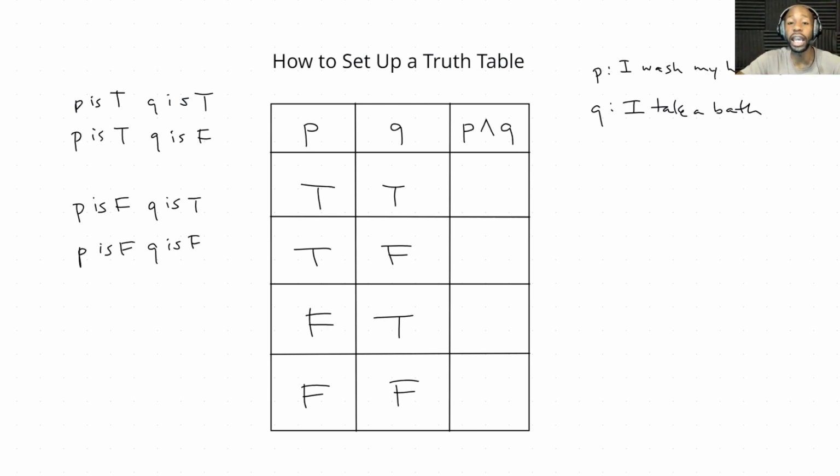So again, with and, both of these have to be true for the statement to be true. Okay. So true, true, true, true, true, false, false, and false. Because this is the only situation where you have both statements actually being true. There's no other situation where both statements are true, which is required for the and statement to be true.